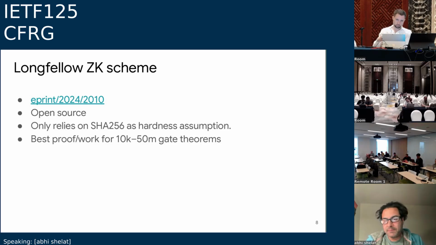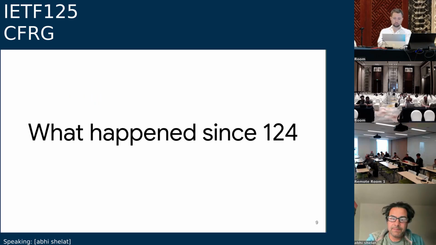Again, let me highlight that it's one of the few zero-knowledge systems that is practically deployable and that only relies on SHA-256 as a hardness assumption. And so far, we have not found any scheme that fits these criteria that works better in the regime of 10,000 gate circuits to 50 million gate circuits. And that includes the latest work. I'll talk about some of those results recently.